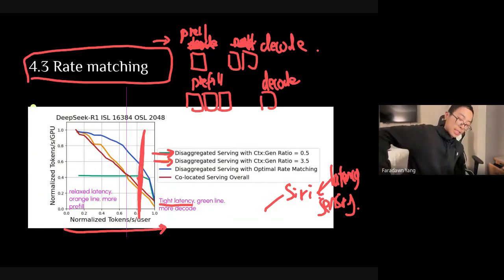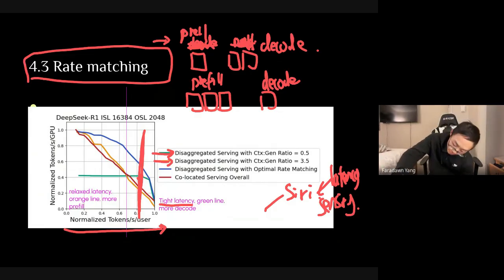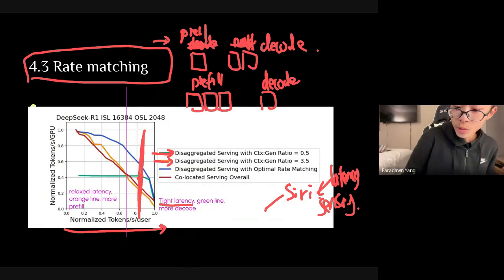More decode instances here. Therefore, for applications like Hey Siri, you should use more decode instances over prefill.